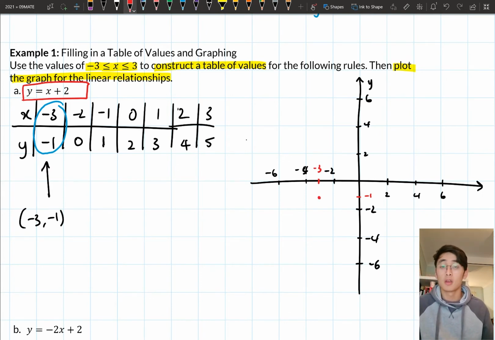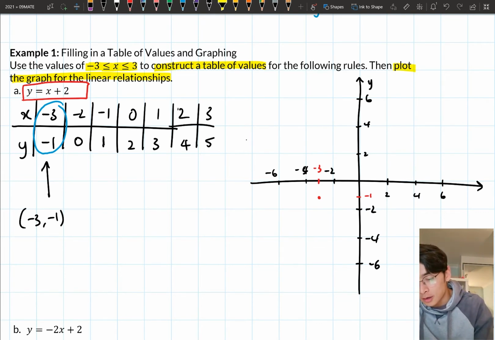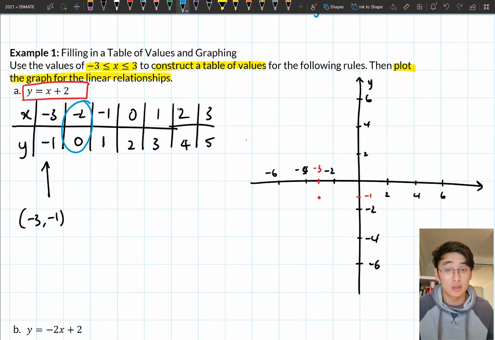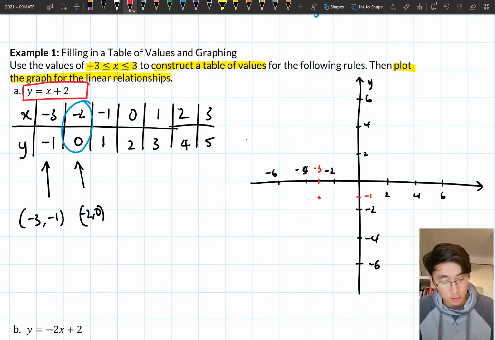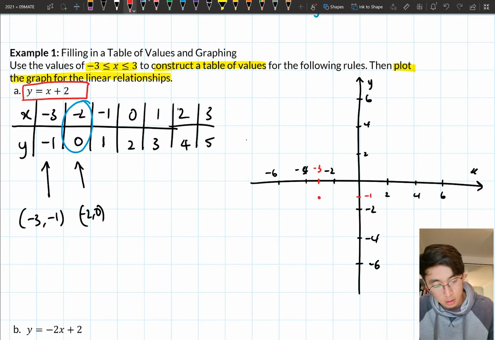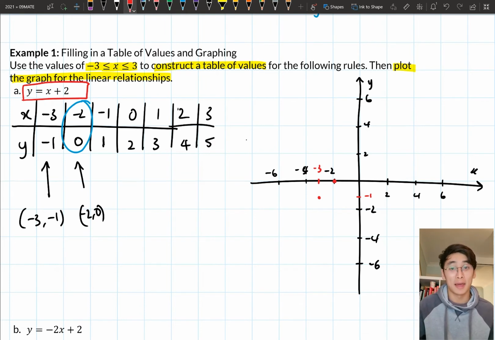Okay, I'm going to repeat this process for the rest of my table of values. The next one is -2, 0, which corresponds to the coordinate (-2, 0). On my Cartesian plane, I go to -2 on the x-axis, and a y coordinate of 0 means it's on the x-axis there.